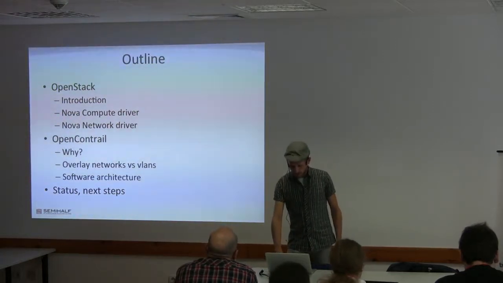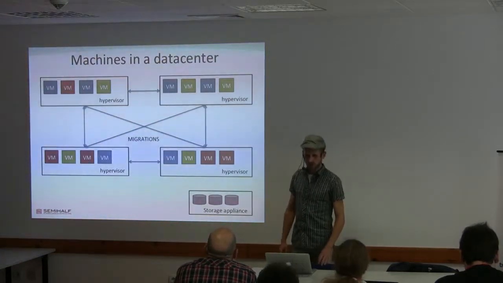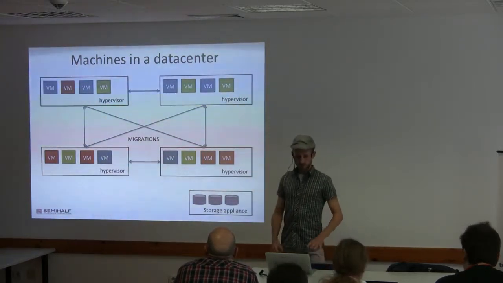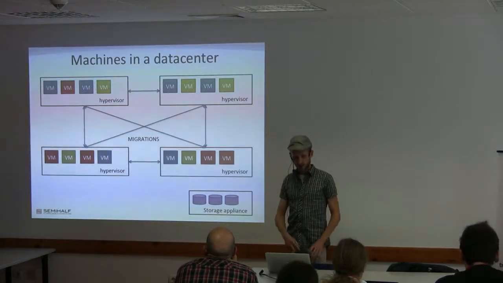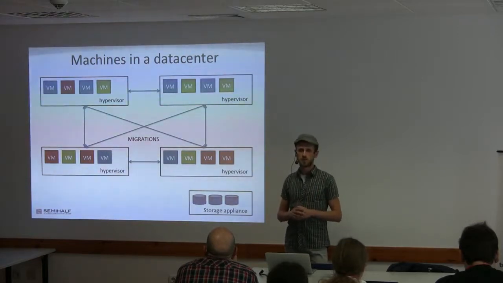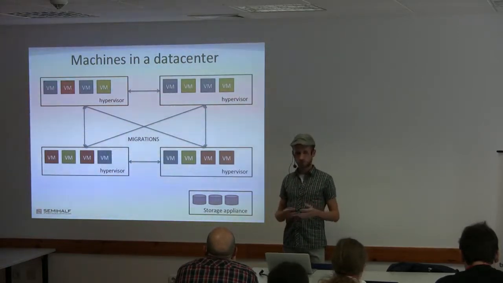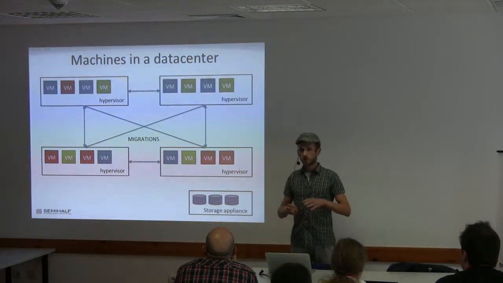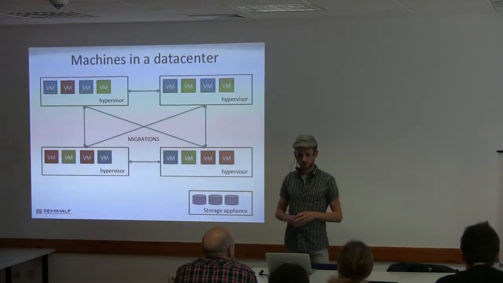So when it comes to the data center, we have something like the picture here. We have many hypervisors, which are physical servers, physical machines, and we host many virtual machines that compound some user applications. When you are a cloud provider, you will have plenty of users.